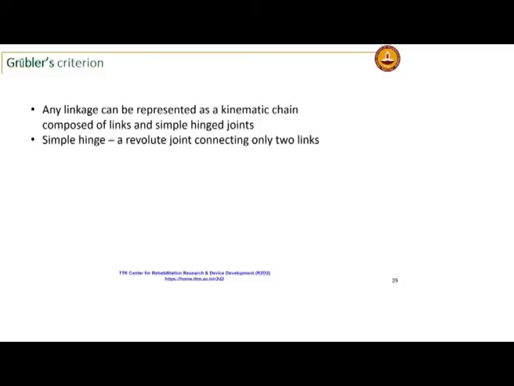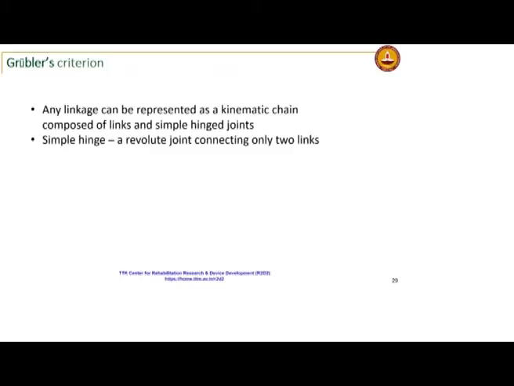It is more generally referred to as a mechanism if it also has higher pairs in the kinematic chain, but if we are only using lower pairs, we tend to call it a linkage. And even in a linkage, you can always represent any linkage as a kinematic chain which has only links and simple hinge joints. A simple hinge joint is a revolute joint that connects only 2 links.